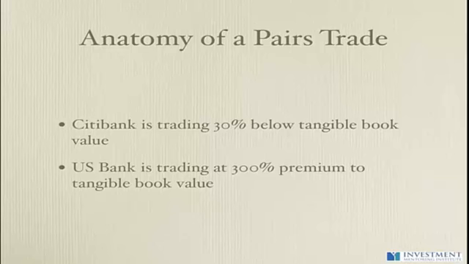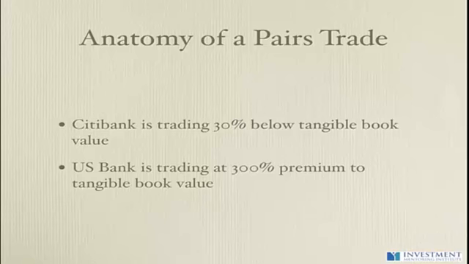At the same time, US Bank is trading at a 300% premium to tangible book value. So Citibank looks cheap, US Bank looks expensive. Tangible book value literally means the cash that they have on the balance sheet.